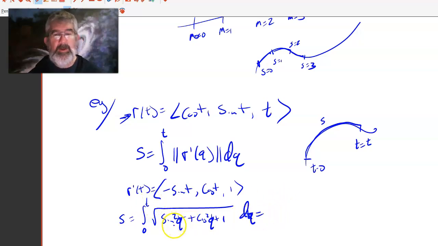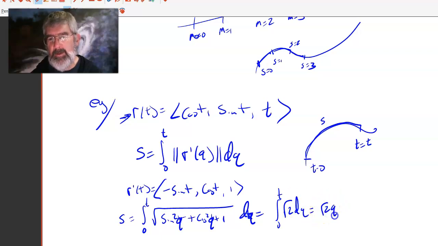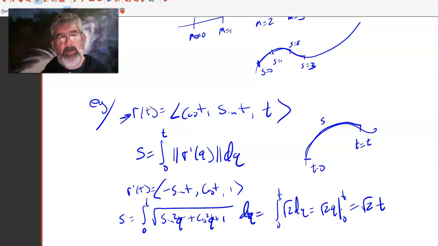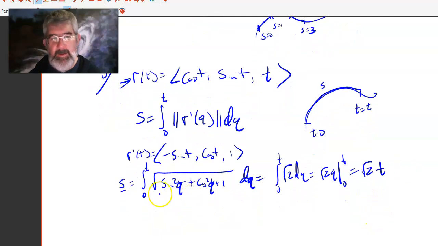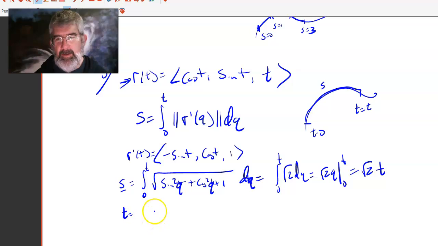Anyway, sine squared q plus cosine squared q is still 1, add 1 is 2, so I've got the integral from 0 to t of the square root of 2 dq, which would be the square root of 2q evaluated between 0 and t, which is the square root of 2 times t minus the square root of 2 times 0. So the arc length is always square root of 2 times t, which means that t is s divided by the square root of 2.